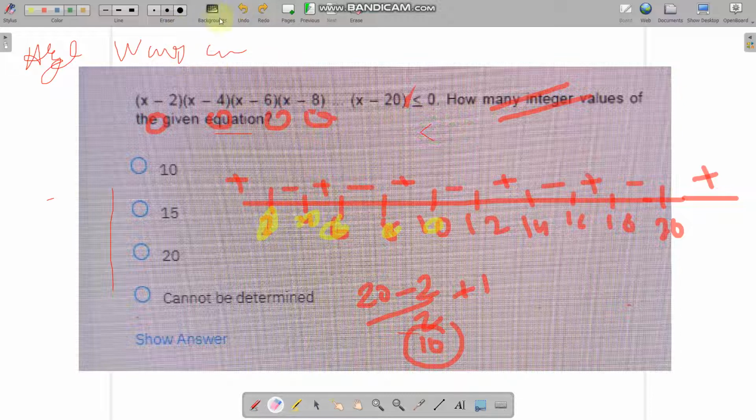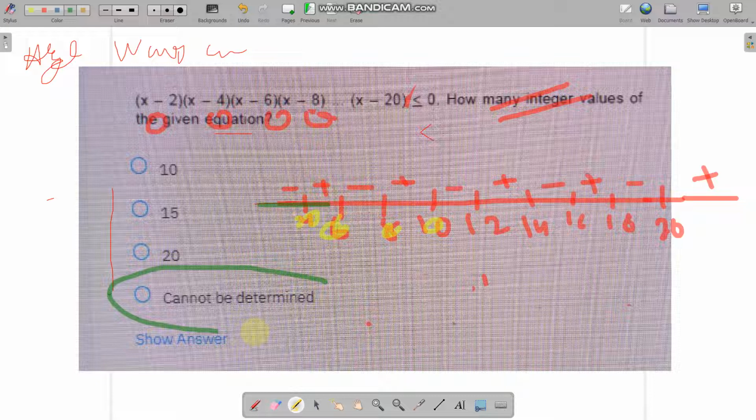The only twist in the question is that we don't have x minus 2. So in that case, this quantity is completely gone. So beyond 4, we will be getting all negative values, which means we'll get infinitely many integer values. So ultimately, this was the twist which can be possible in this question or such questions.